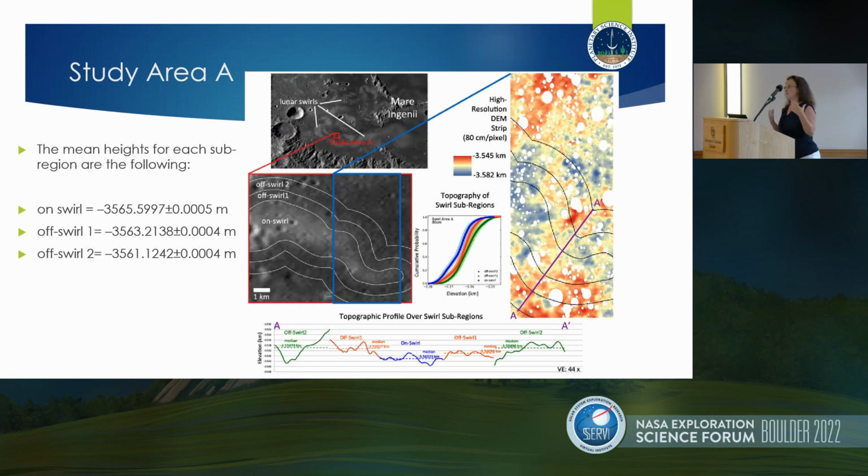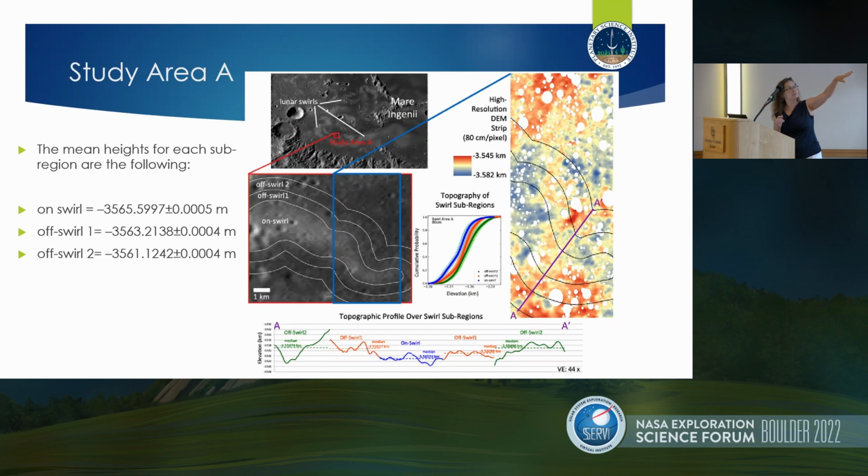We did higher spatial resolution stereophotoclinometry, looked at the topography, removed the slope. And what you see here is a profile. The higher resolution topography is on your far right. The purple line is the slope. And what you see here is that on swirl, the median height on swirl is lower than what we see in the off swirl.